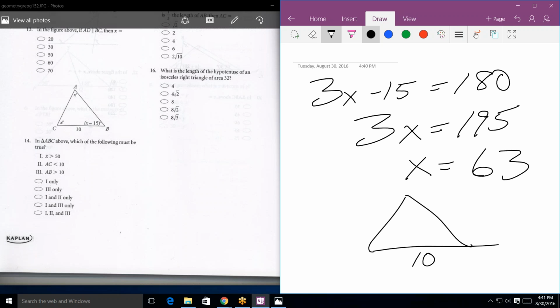This is 63 minus 15, so this is 48. In fact, let's label it 63, 63, 48.